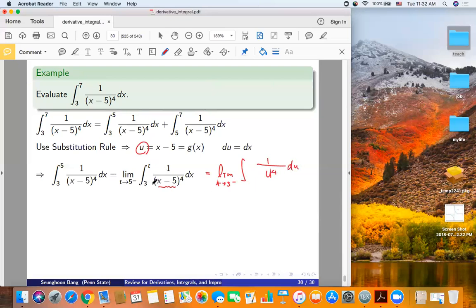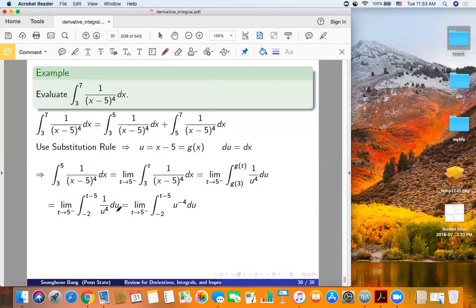One more thing: you change the bounds. You plug 3 into x, and you plug t into x. To calculate, you plug 3 in: 3 minus 5 is negative 2. You plug t in: t minus 5 is here.